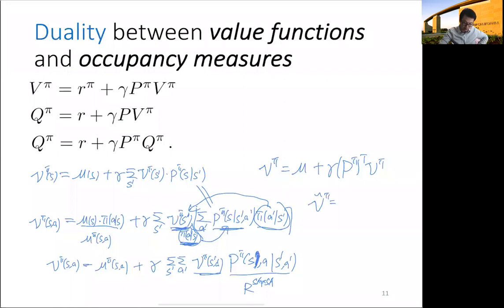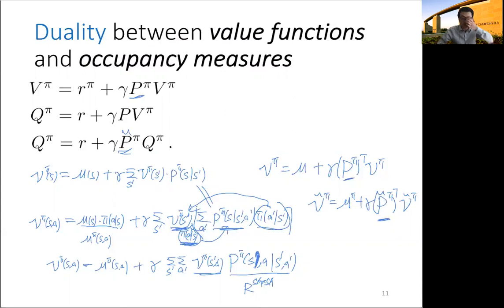So this is equal to mu tilde plus gamma P pi tilde transpose nu pi tilde. For completeness, I'm adding the tilde here. So this P tilde is the same as this P tilde, and this P pi is the same as this P pi. So we see this very nice symmetry between occupancy measures and the value functions.